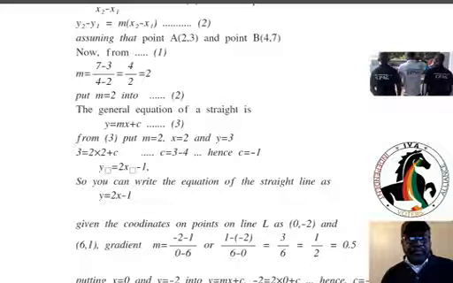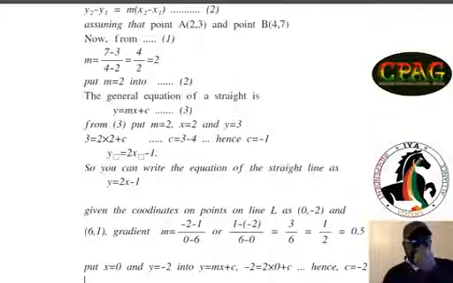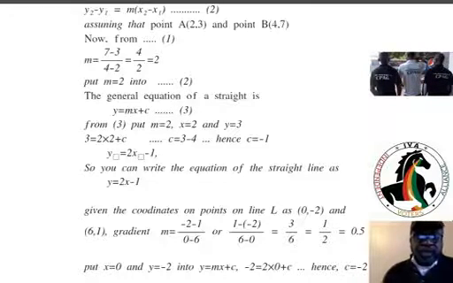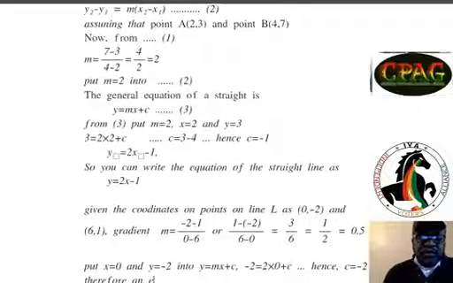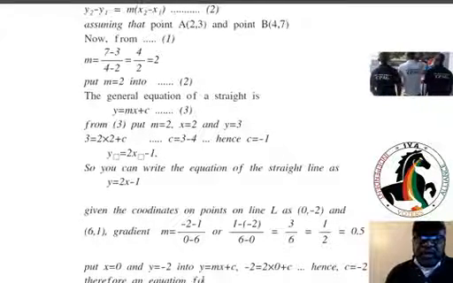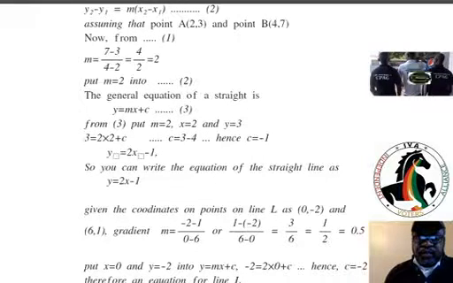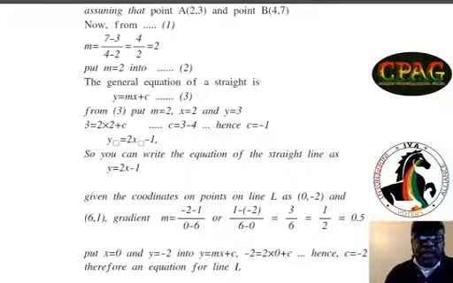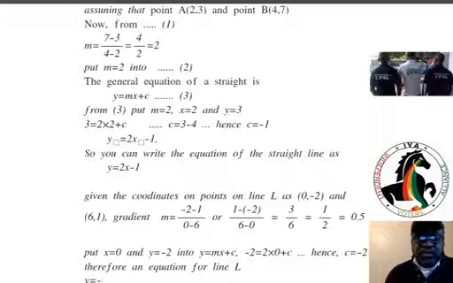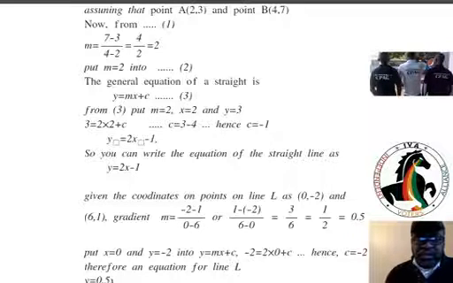And you got your gradient to be 0.5. Therefore, an equation for line L will be given as y is equal to 0.5x minus 2.